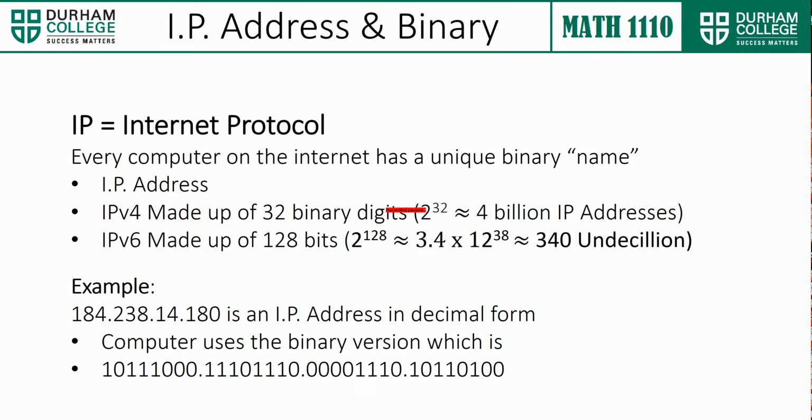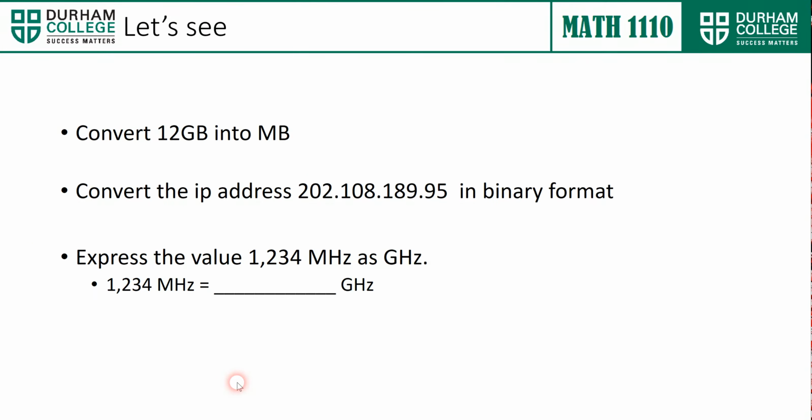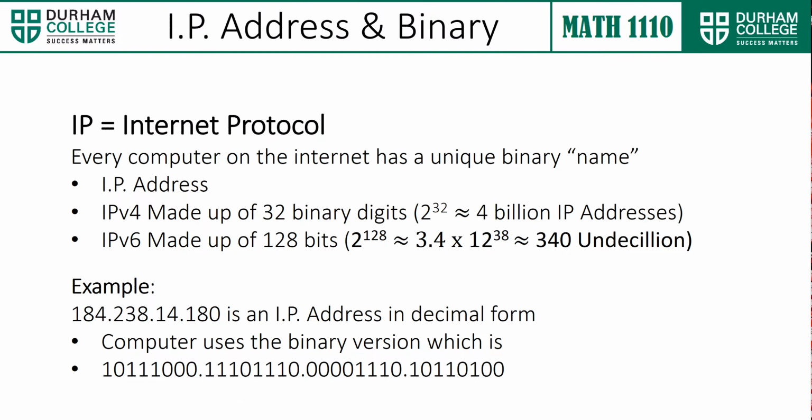So also I was thinking about the maximum number of IP addresses that we can have with 32 bits. So 32 bits is the same as IP version 4, right? IP version 4 is made of 32 bits.